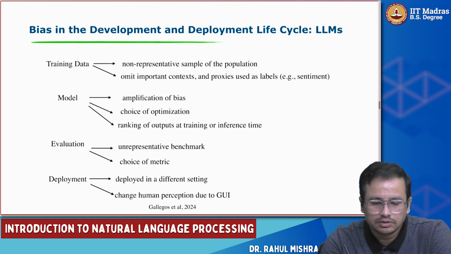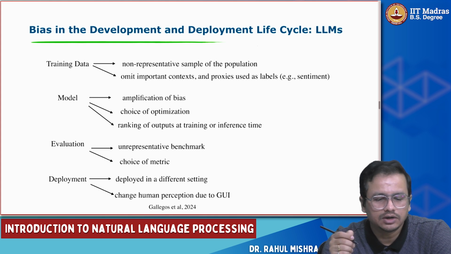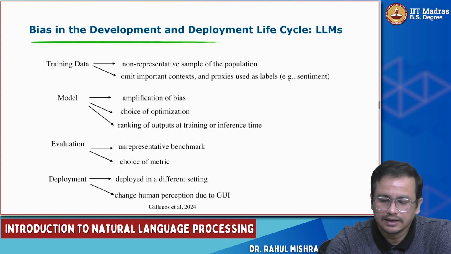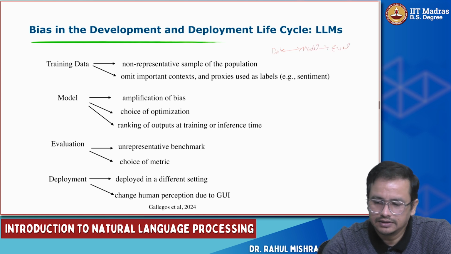right? So we also need to discuss when the biases are introduced in the whole pipeline. So in our machine learning or NLP pipeline, we have the data set, the training data we need to collect, right? Then the model comes into the picture, then the evaluation is done, and then deployment is done, right?